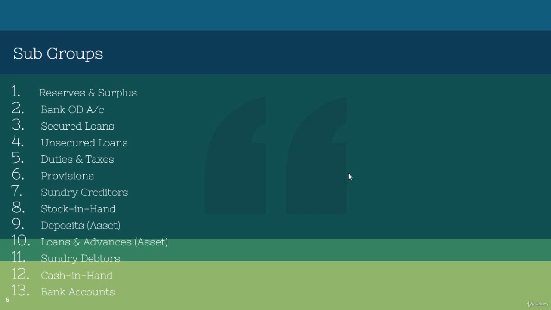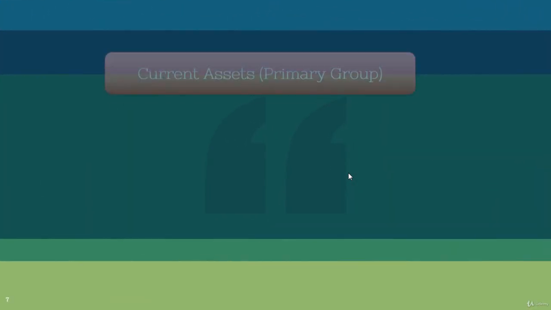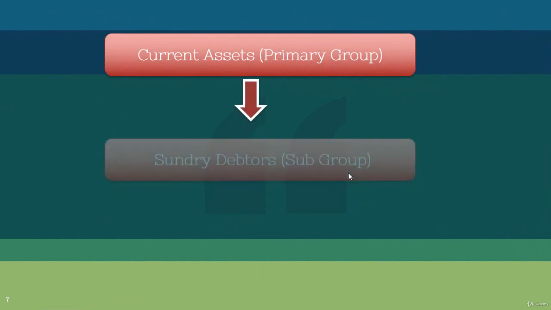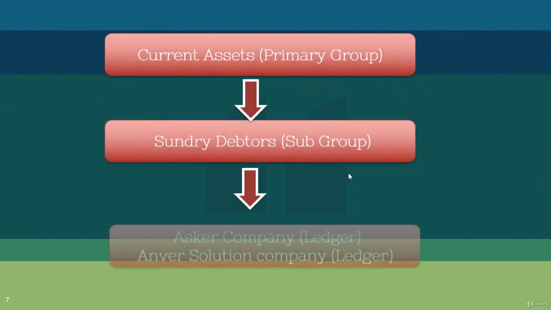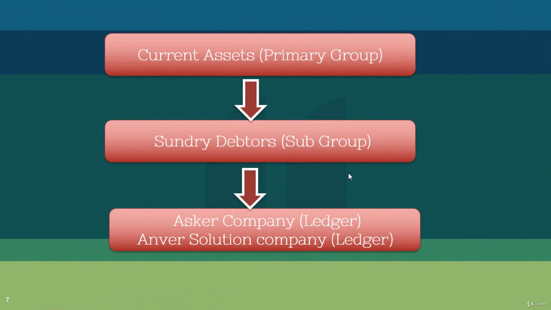Now we are going to get a clear understanding of the groups and how we can work on groups and ledgers. One of the primary groups is current assets, and based on the primary group, they have created sundry debtors. Debtors are one of the assets of the organization. It's a current asset.